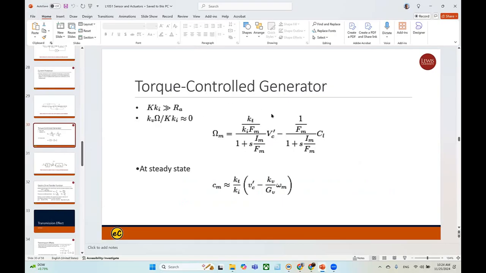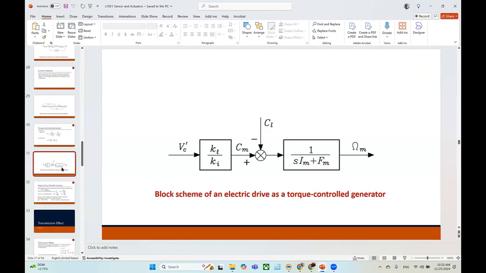Torque control generator. This one usually is you have a rotor, and how fast you want to control your rotor, you need to control the torque, okay? And then this one is the mathematical model for it.